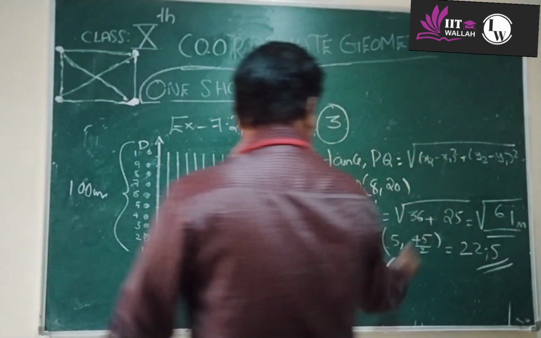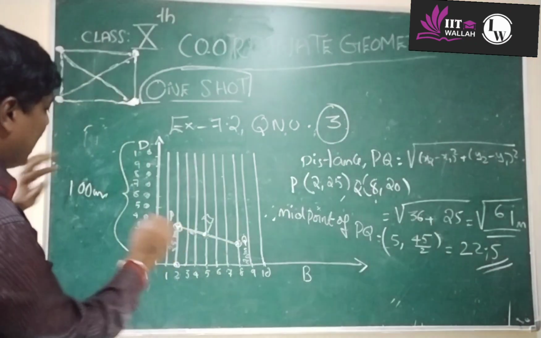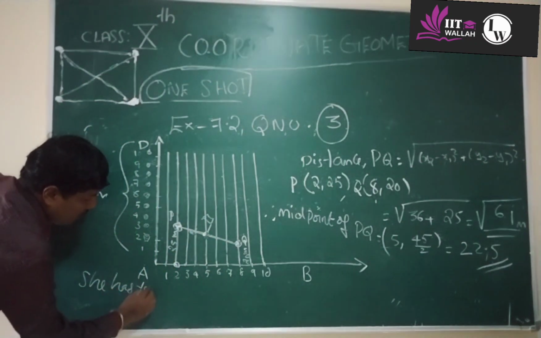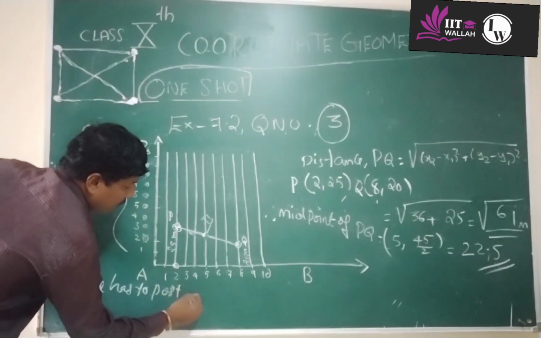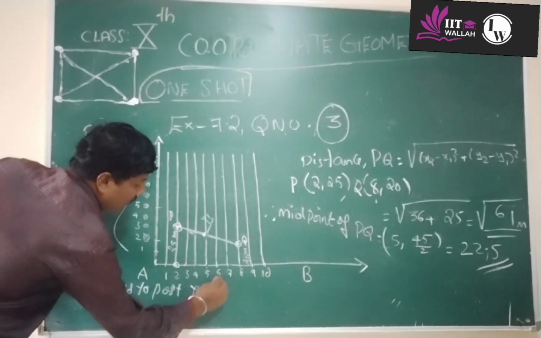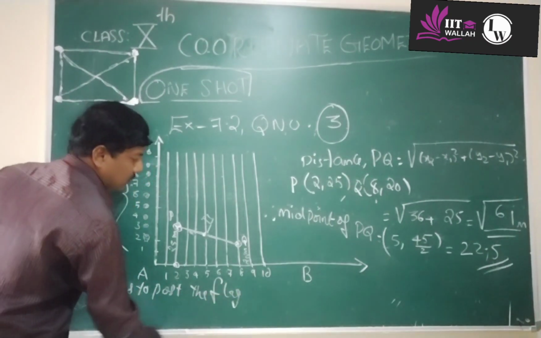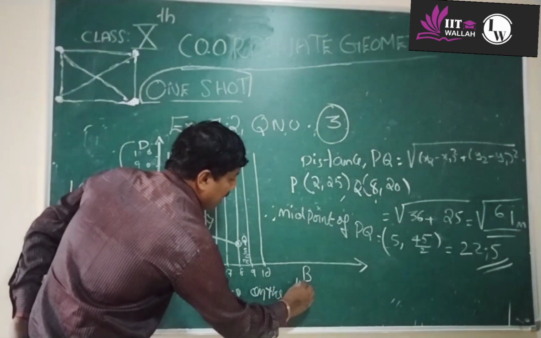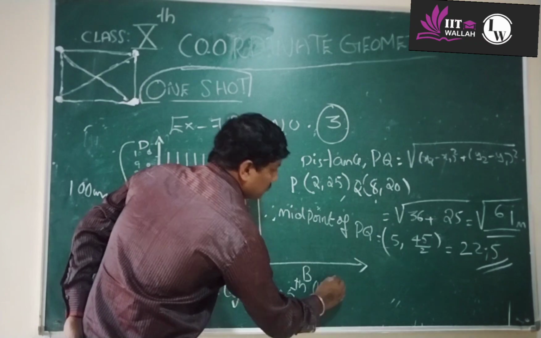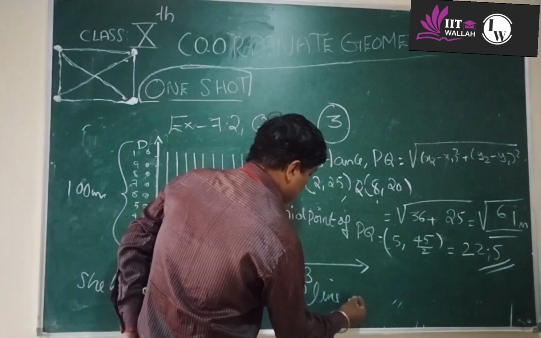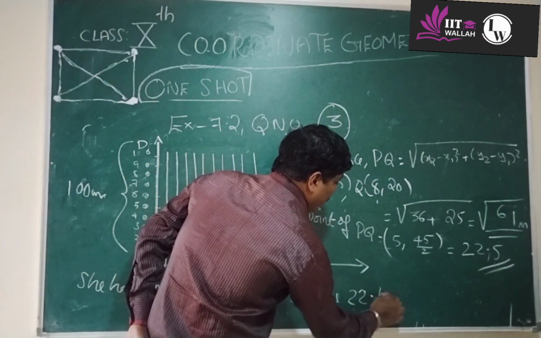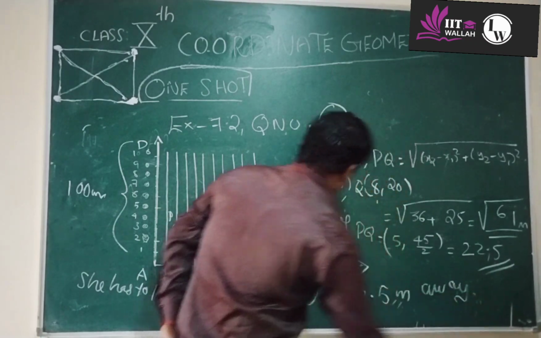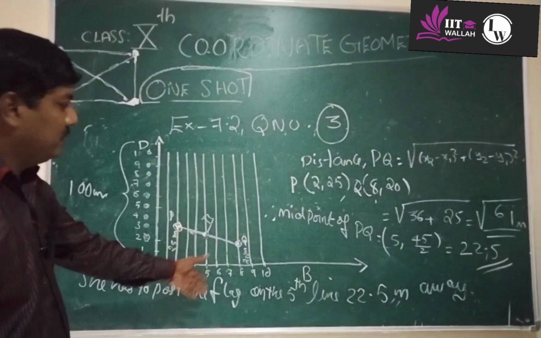So the answer is she has to post the flag on the fifth line, 22.5 meters away. Okay, this is the answer.